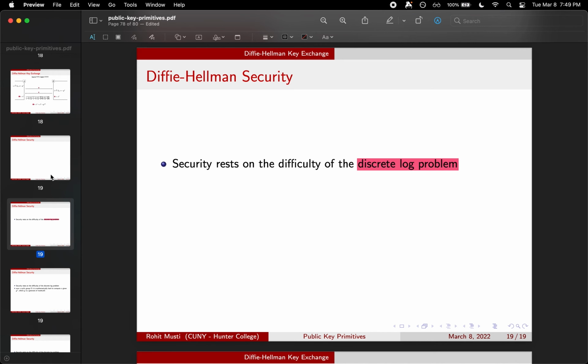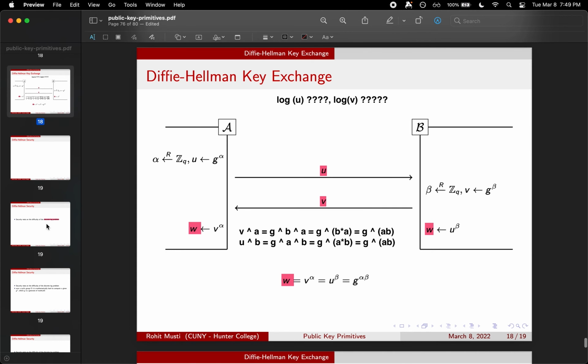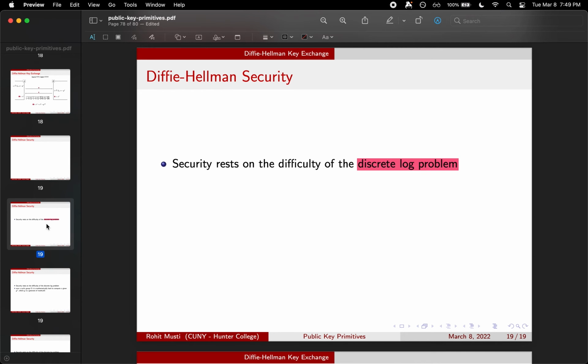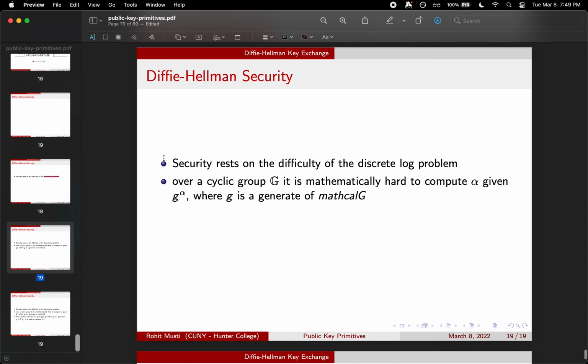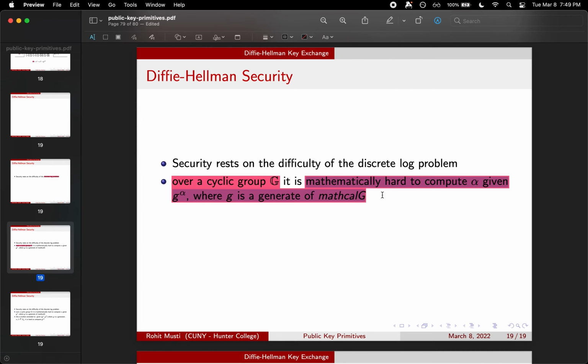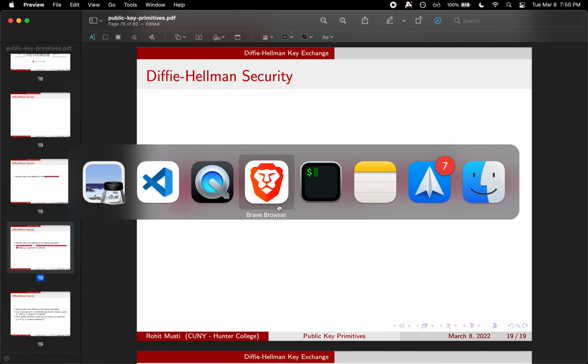If you're curious about how this is true, we just reviewed that on this slide, so rewatch that part of the lecture. Also, over a cyclic group G, which is the kind of group we're working on, it is mathematically hard to compute alpha given G to the alpha, where G is a generator of big G.